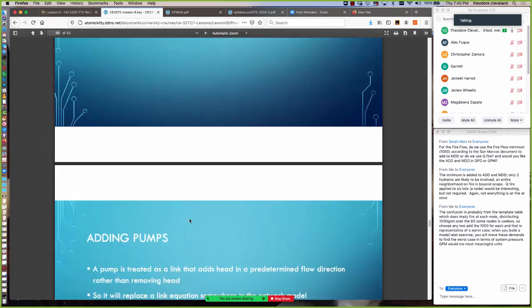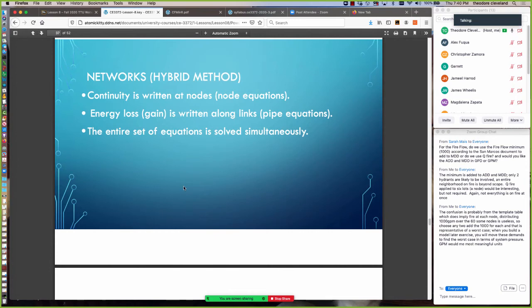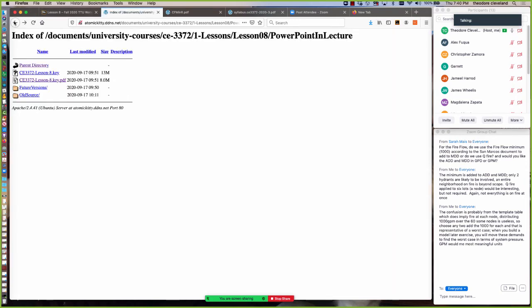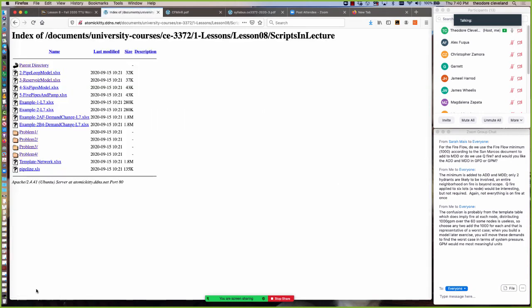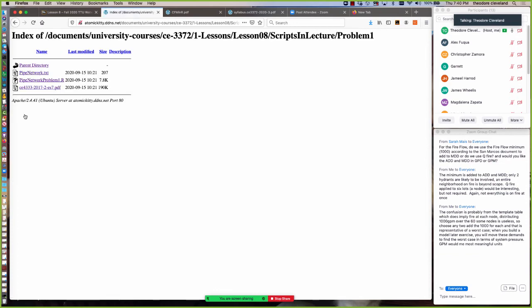And we get to the end, and I'm going to stop here, and we'll go ahead and actually run these scripts. So the scripts I'm about to run are from spreadsheets and scripts, and I'm going to use problem 1. I'm going to use this R script.